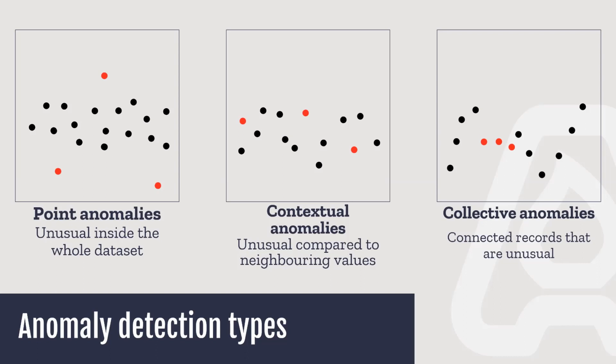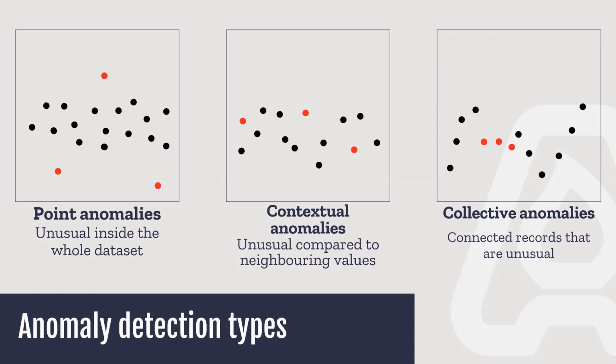So contextual anomalies start building up from what's happened recently to be able to say this was an unusual activity. So that gives you far fewer false positives.